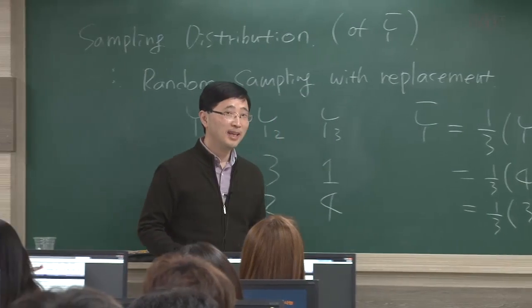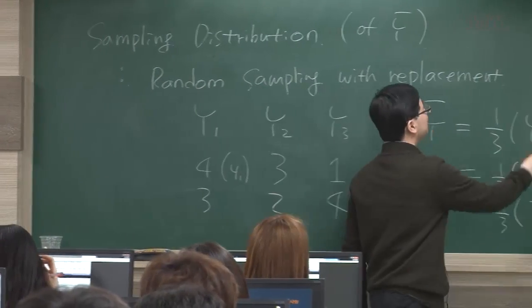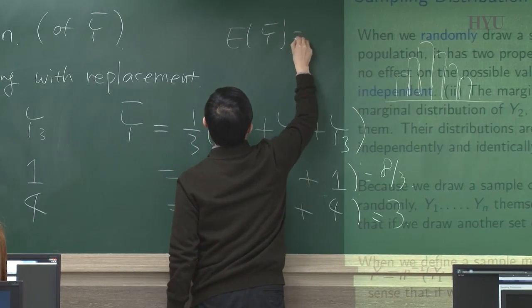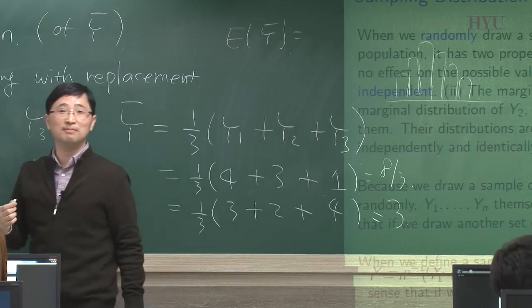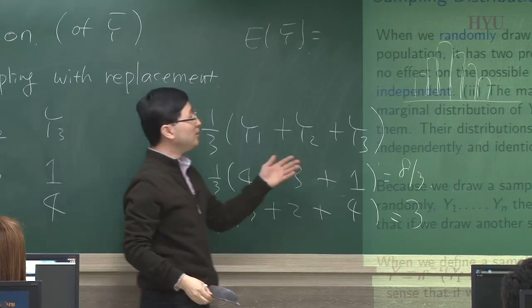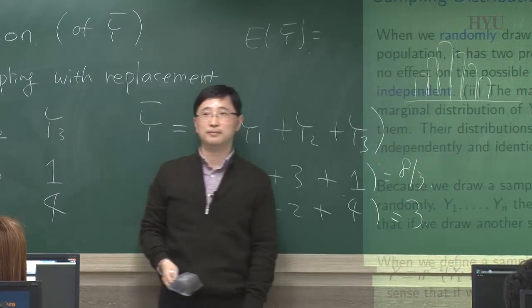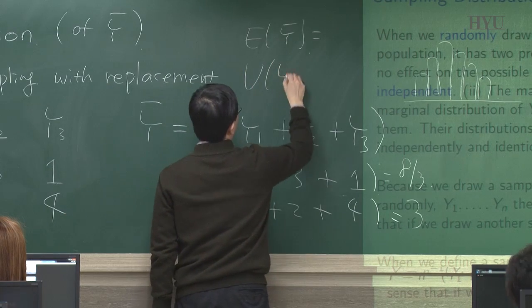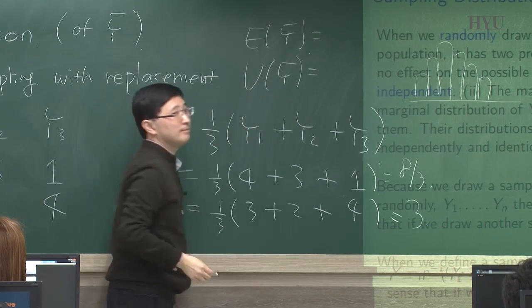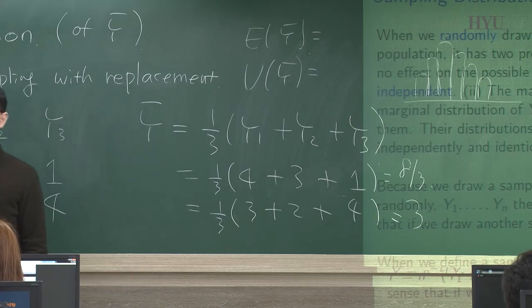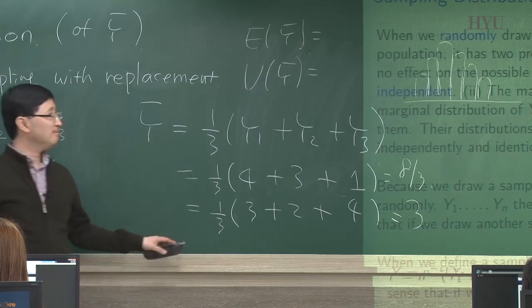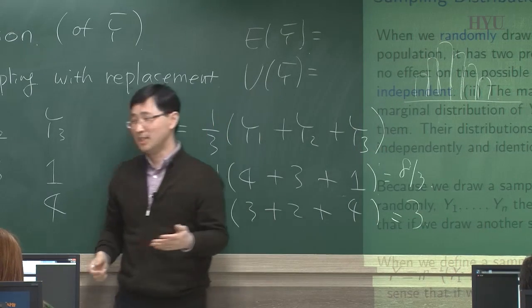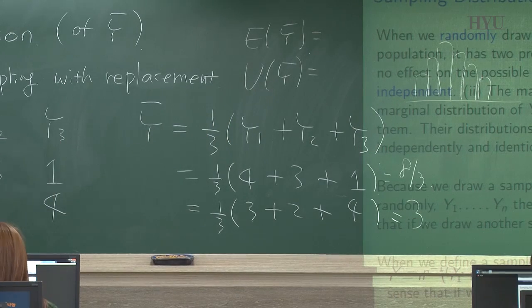Now, can we think about something like the mean of y bar? Can you imagine things like that? So simply the center of this distribution. And can you imagine thinking about the variance of y bar? Can you do that? It's just the variance of this distribution, right? So in that sense, it's actually not that mysterious.